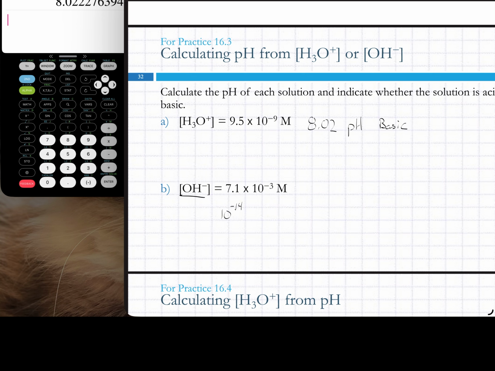So this is OH minus concentration. So if I want to calculate pH, I need to first convert it to H3O plus. And we can do that with the equilibrium constant of water.